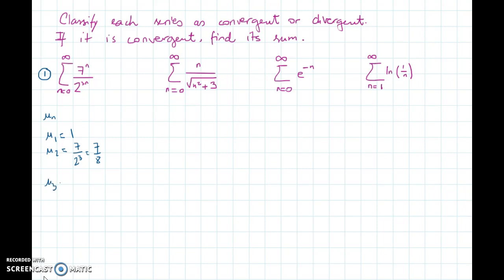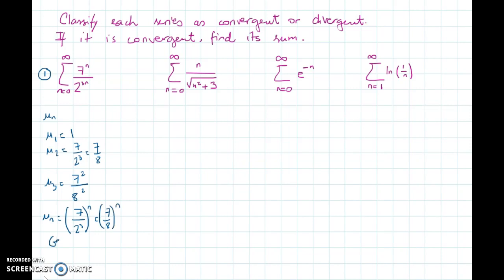Next term is 7 squared over 2 to the 3 to the 2, so 8 squared. So you may be already seeing what's going on over here. Actually, u_n we could write as 7 over 2 to the power of 3, all of that to the power of n. So (7/8) to the power of n.